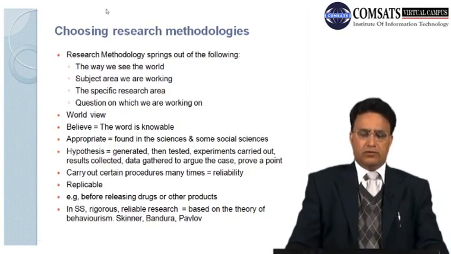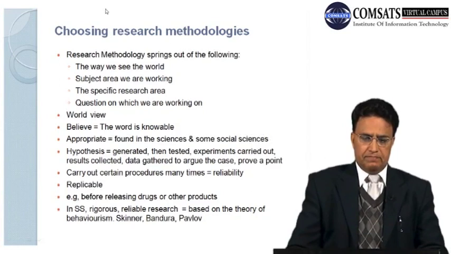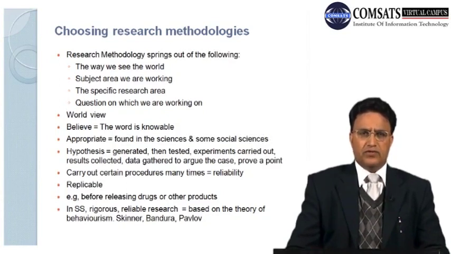So these are the four areas which determine what type of research methodology we will be using. As I said, the research methodology is the most basic, fundamental component of your research, because it determines what type of data you will be collecting, what type of analysis you will be doing.